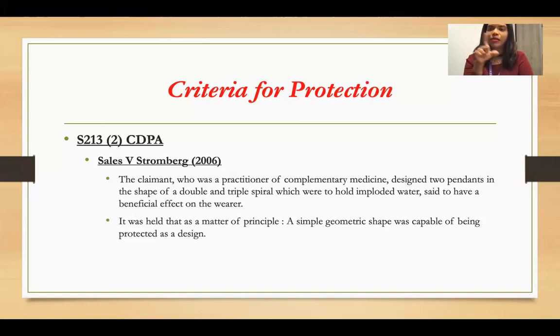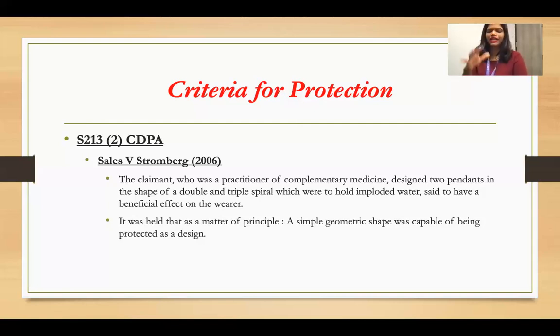Whatever shape it is, it can be a geometrical shape, or an outward shape, or a configuration shape, or an article as a shape. Any part that you want, you may get it protected. So that is what the case of Sales and Stromberg has decided. They said that if you have any geometrical shape, you want to get it protected as a design, the courts will help that you can.